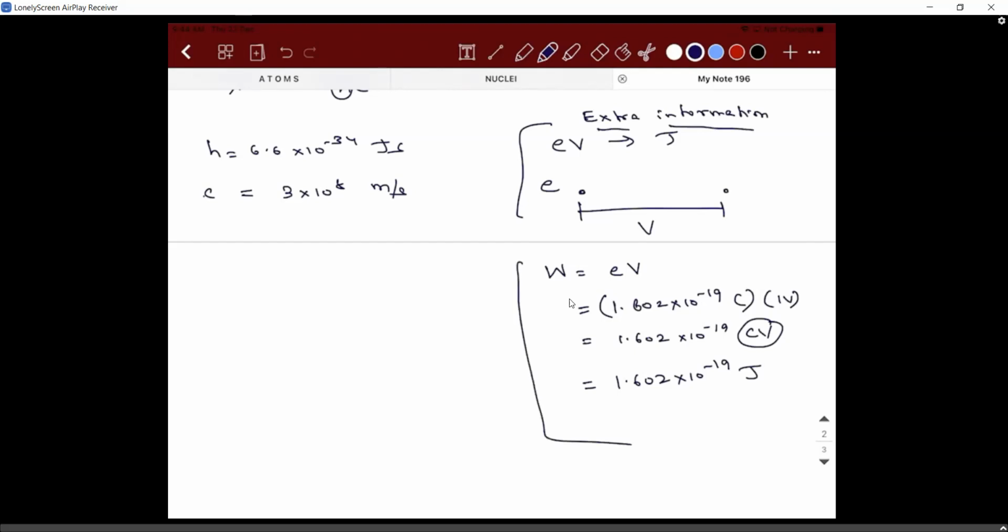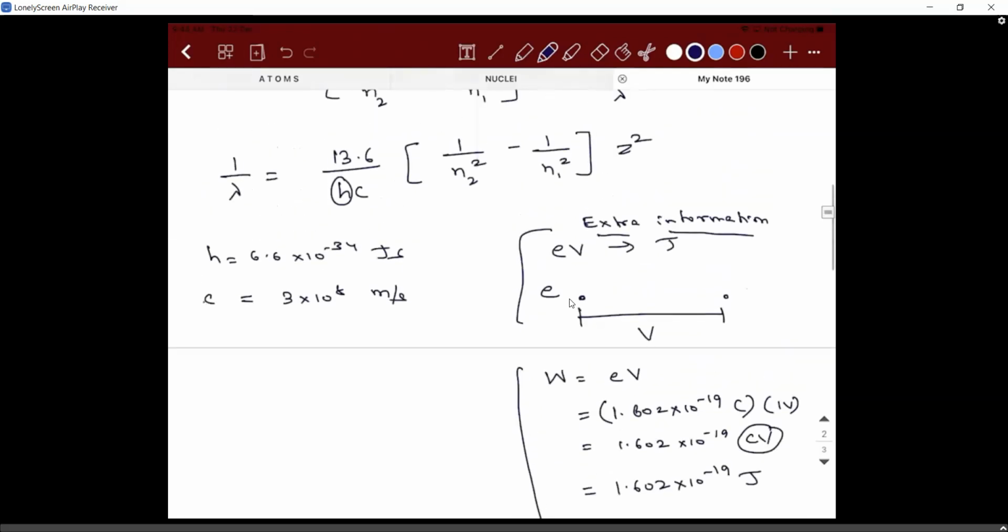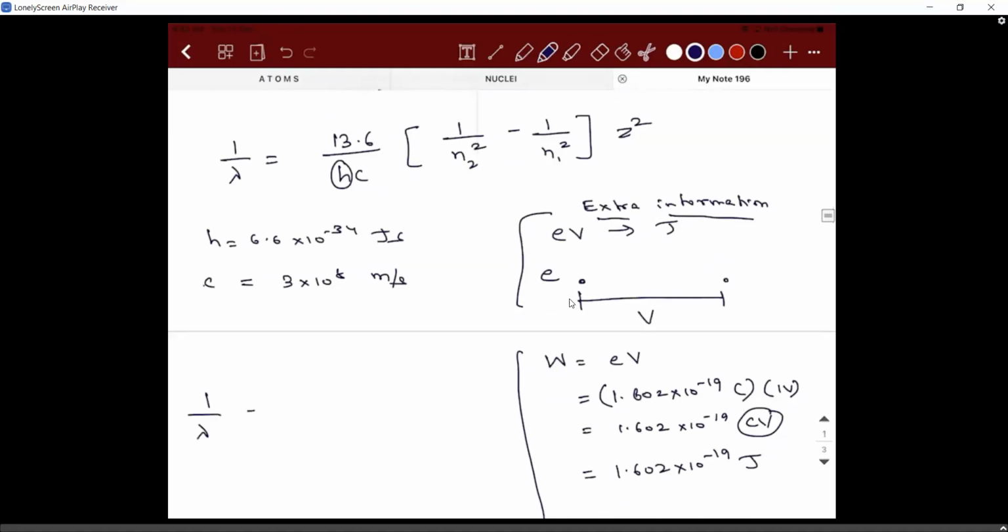Now tell me how to convert electron volt to joule. So 1 by lambda will be equal to 13.6 into 1.602 into 10 power minus 19, the whole divided by 6.6 into 10 power minus 34 into 3 into 10 power 8, accepted?